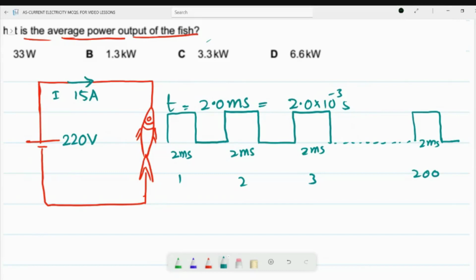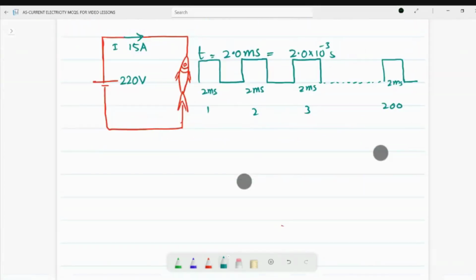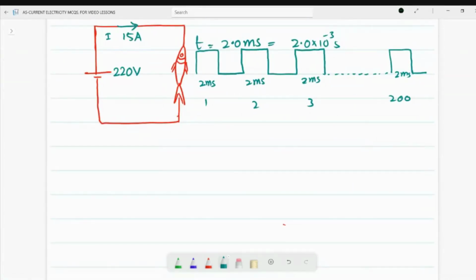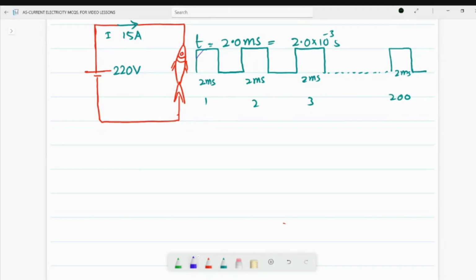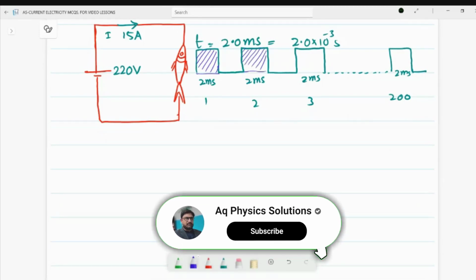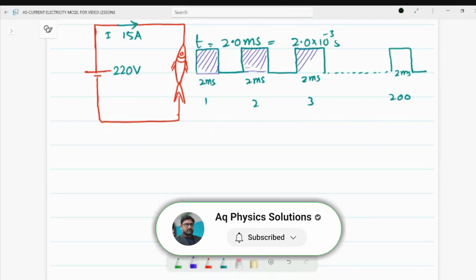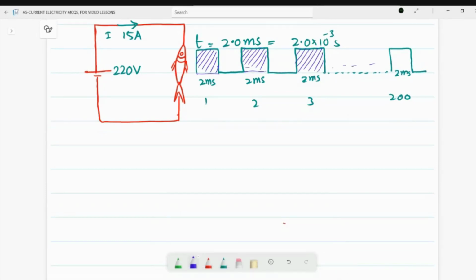Okay, so this is all the information. I have plotted all this information for you. Now the question is, I have to calculate the power. It's very simple to understand now that one pulse is able to produce a certain energy. Then this energy would be added to the pulse produced in the next, third, and so on.